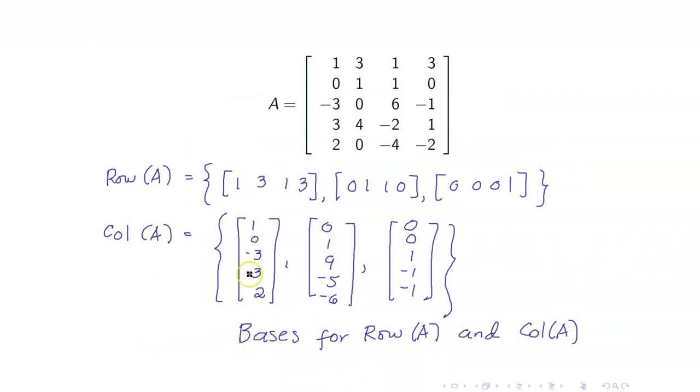Here are the bases for the row space of A and the column space of A. Again, using our method, not all the basis elements come from your original matrix. Again, the two column vectors here are not columns of your matrix A, and this third vector here is not a row of your matrix A.